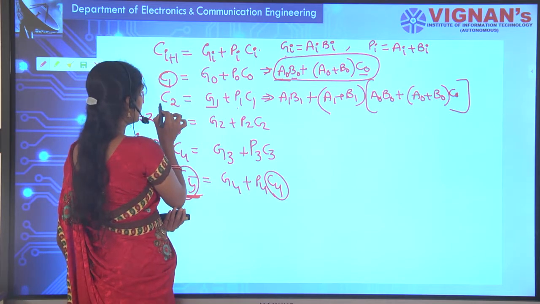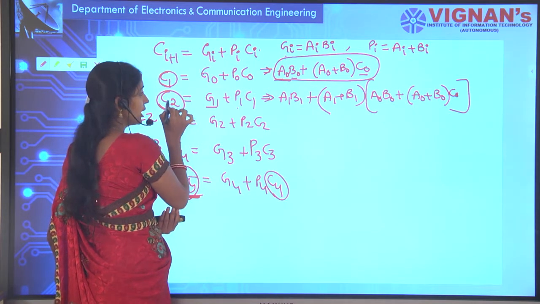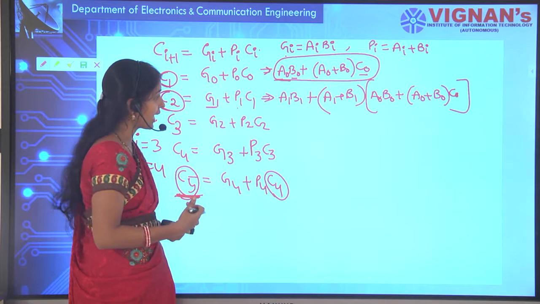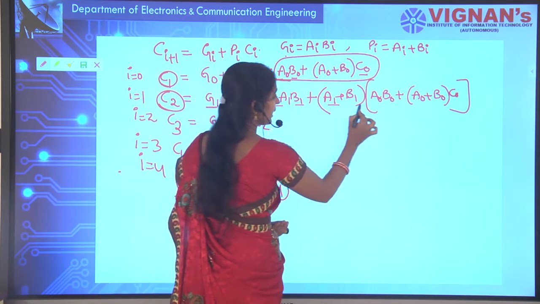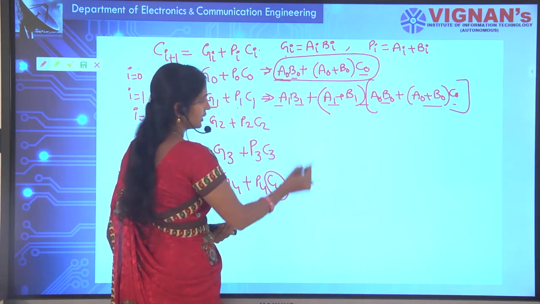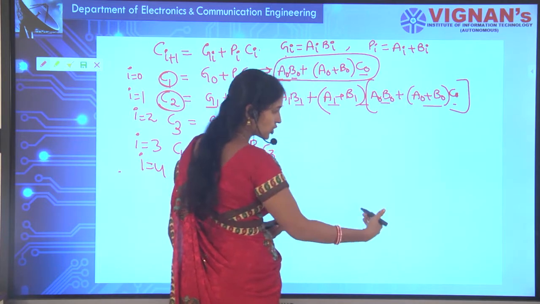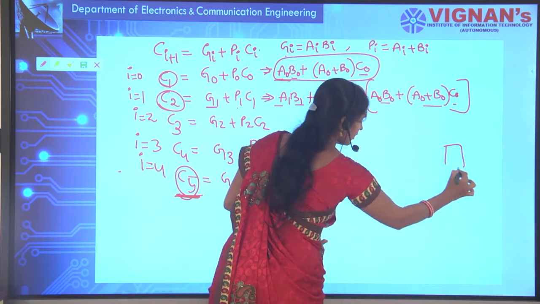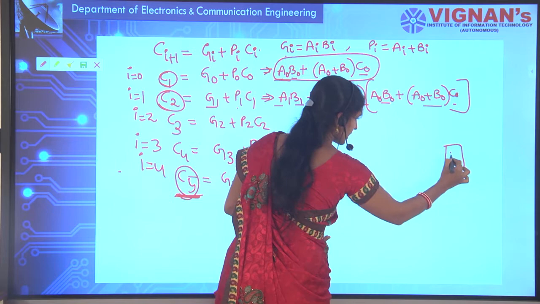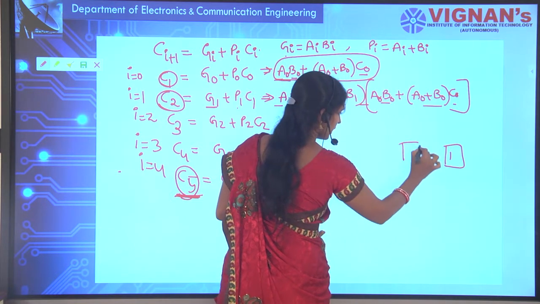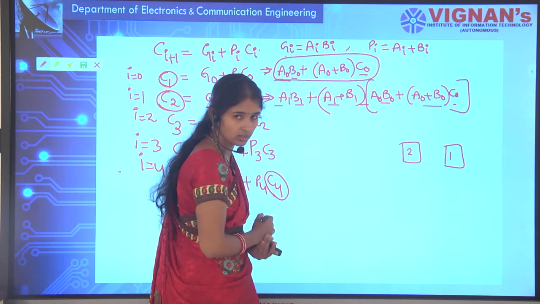Look at here carefully, where C2 is generating its carry with the help of A and B bits. That means it is taking simultaneously. Suppose you are having 4 full adders. Let us assume that this is one full adder, this is another full adder.